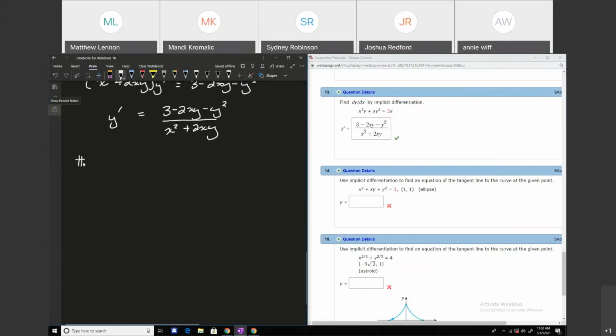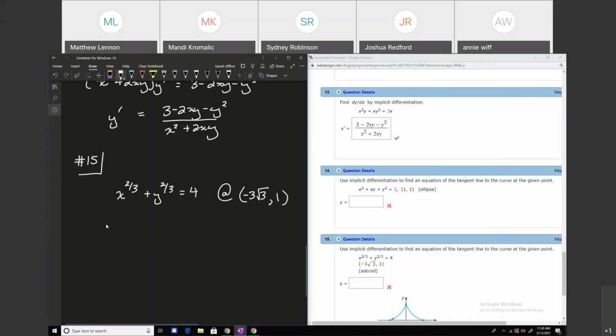So number 15, we want to use implicit differentiation to find the equation of the tangent line at the point. So we have x to the 2/3 plus y to the 2/3 equals 4, and we want to do it at minus 3 root 3, comma 1. So again, we've got to find the derivative, same as before.